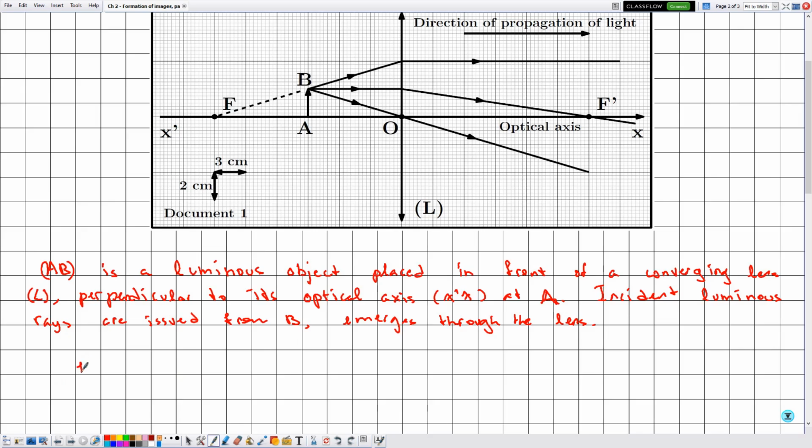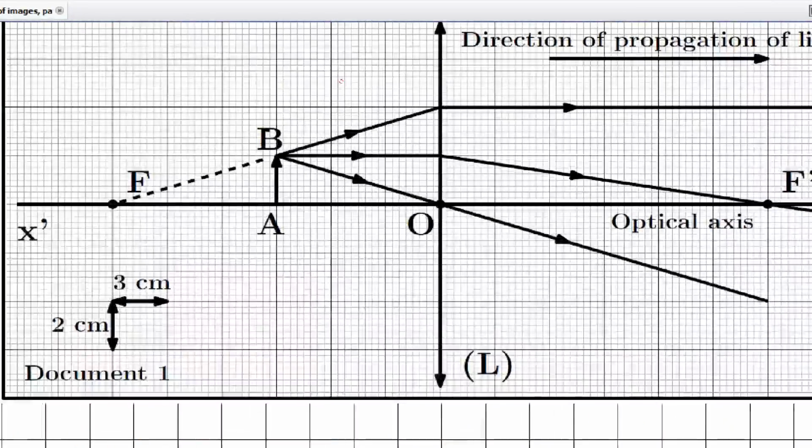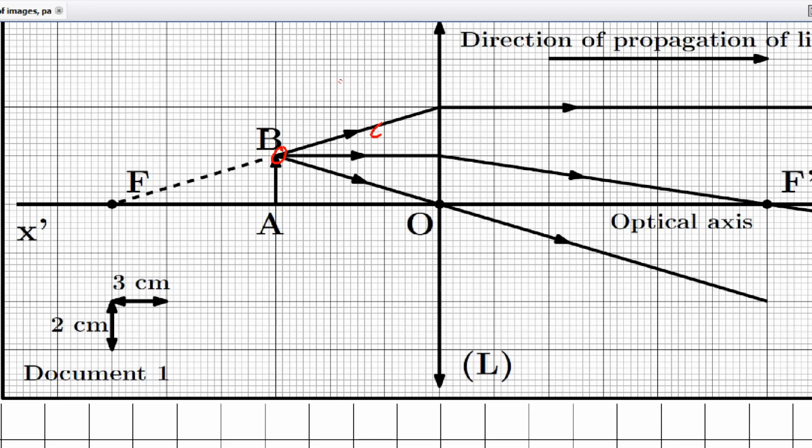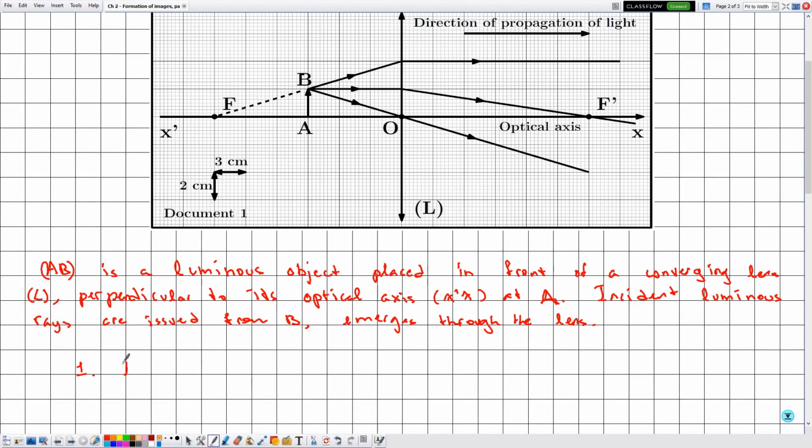So idea number one, what does the point B represent? The point B represents the intersection of the incident rays. These rays are the incident rays because they are hitting the lens. So let's write down: the object B of B prime is the intersection of the incident rays.